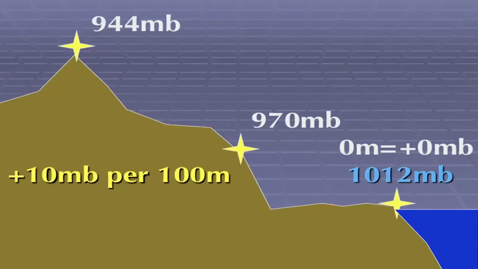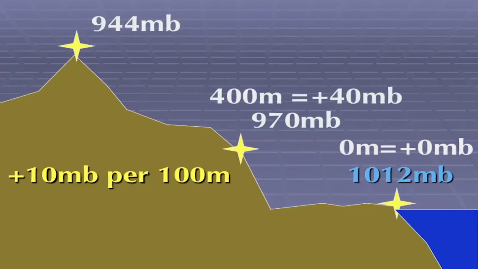You're always going to have the pressure that's at sea level. Halfway up the hill, let's say they're 400 meters in elevation. Well, the easiest way to figure out how much we have to add is just to lop off a 0. We take off a 0, that means we're going to add 40 millibars to 970. 970 plus 40 is 1010.